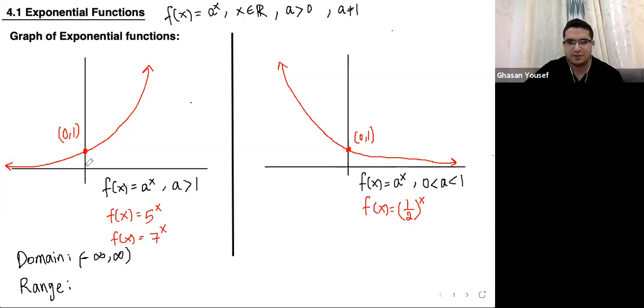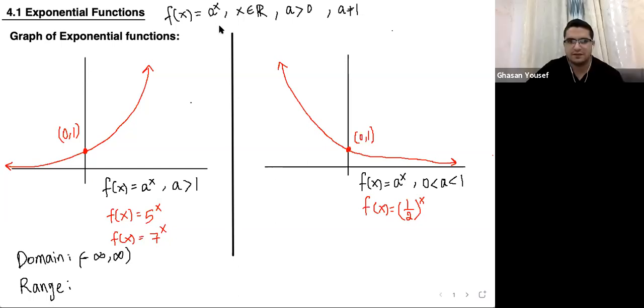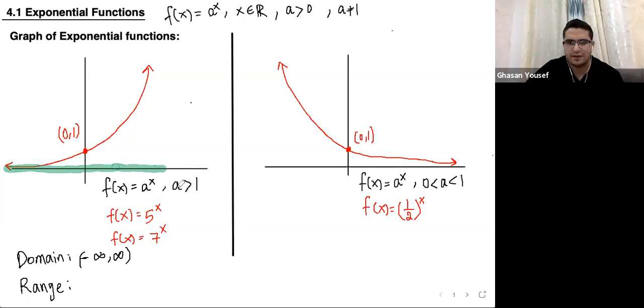Starting from this point, 0, but not including it, and goes to infinity. So the domain is all the x values, from minus infinity to infinity, but for the range, starting from 0, but 0 is not included. The curve will be close to 0 but not touching, and all the values on the y-axis are greater than 0. So here is the range: starting from 0, but not including it, open parenthesis, to infinity.